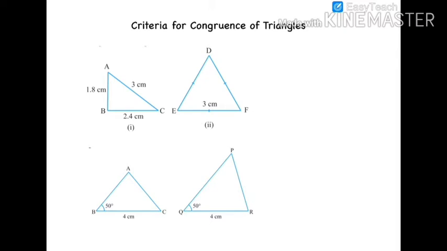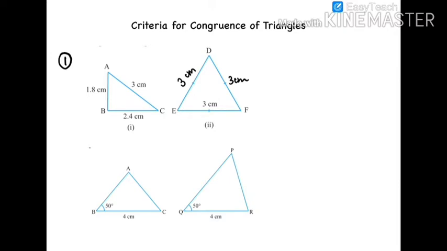Now let us establish some criteria for congruence of triangles. You have already studied in lower classes these criteria, so we will recall. Look at the first set of triangles, triangle ABC and triangle DEF. All three sides of triangle ABC are given, which are unequal. Triangle DEF is an equilateral triangle because it is given that all sides are equal.